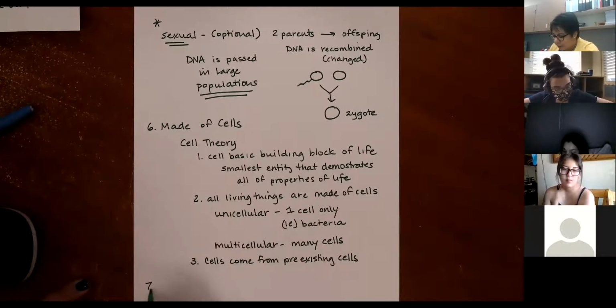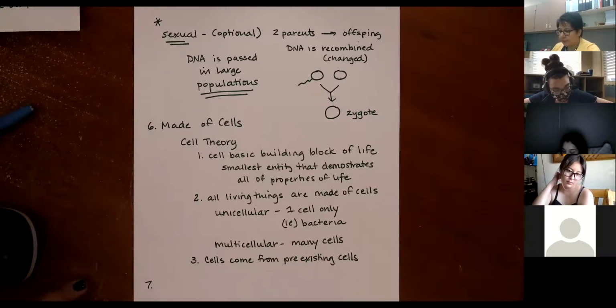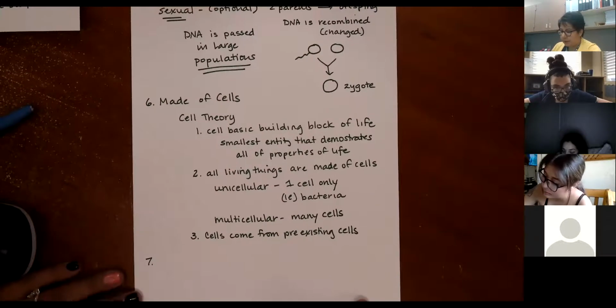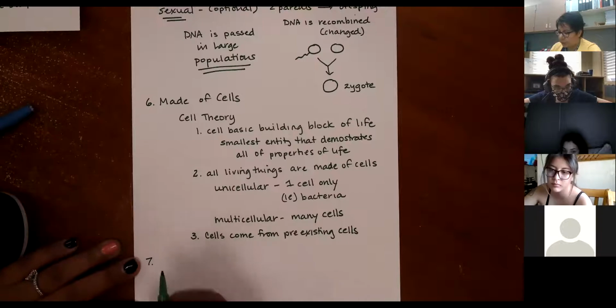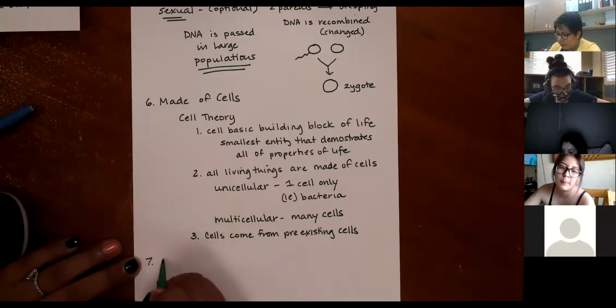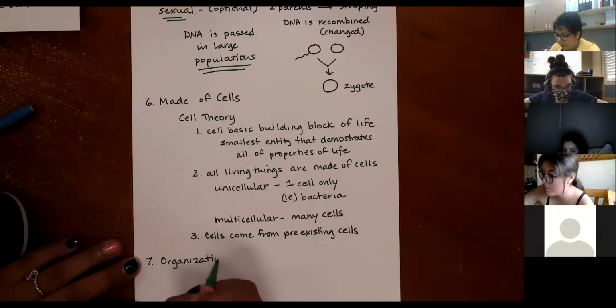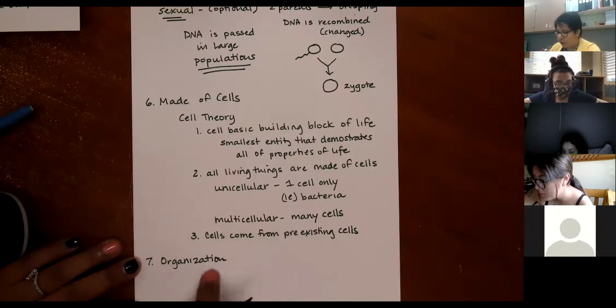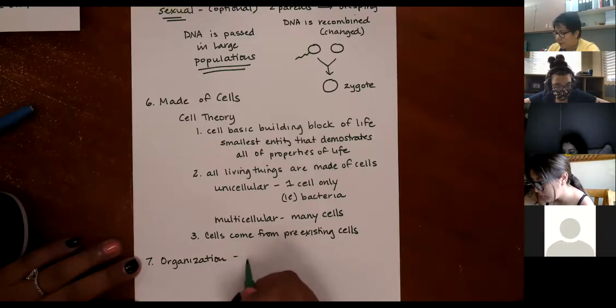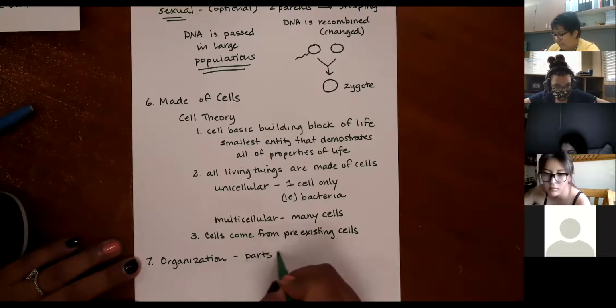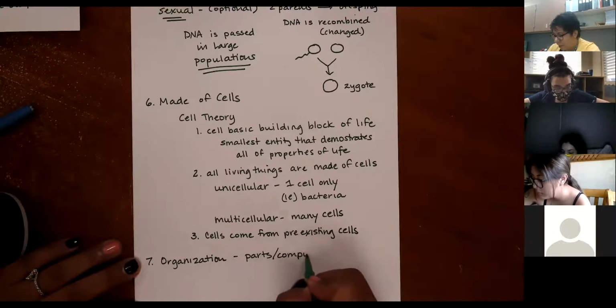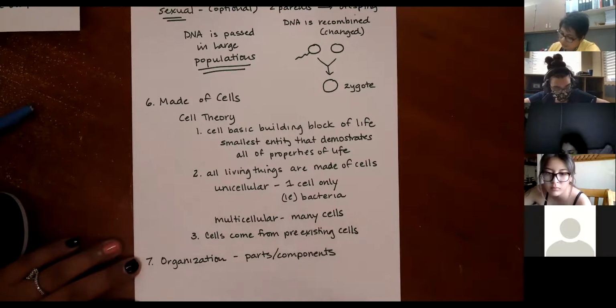The last characteristics of living things. Oh, I've got two more. They exhibit organization, which that's part of our theme coming up, but they have parts to them, or they have components.